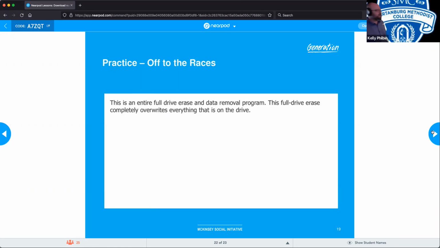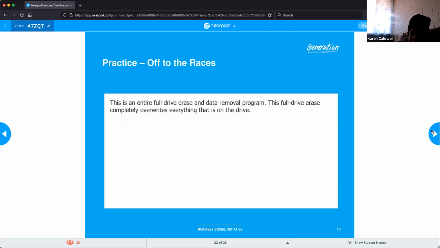All right. I believe this is the last one. This is an entire full drive erase and data removal program. Full drive erase completely overwrites everything that is on the drive. Would that be like the low level? Completely overwrites everything on the drive. So it's overwriting.